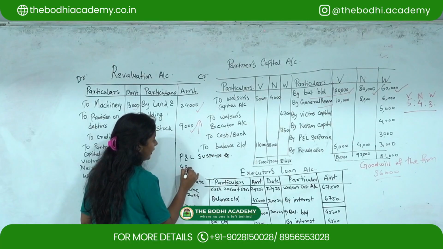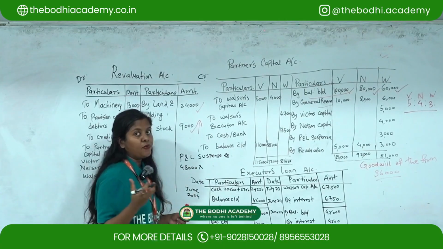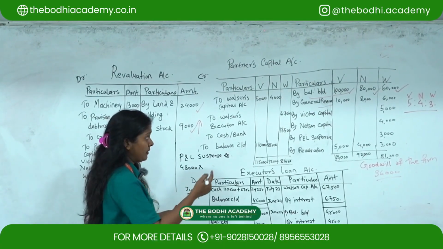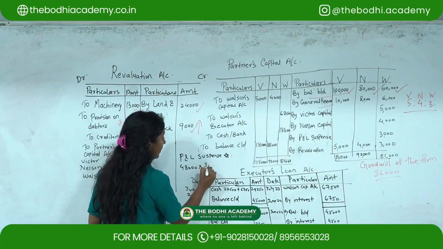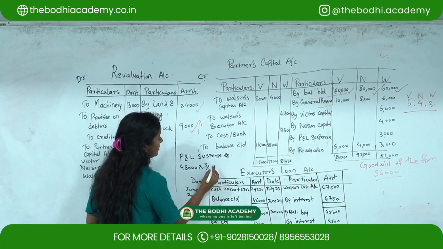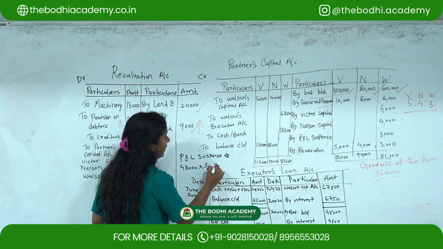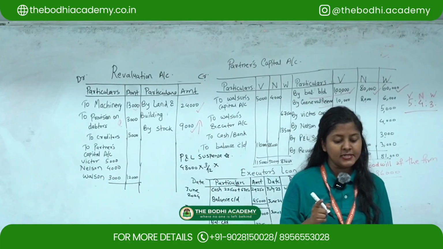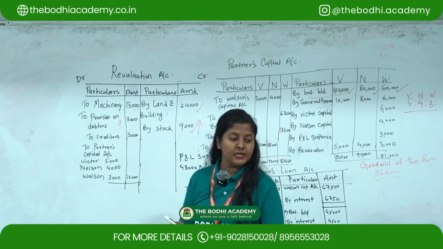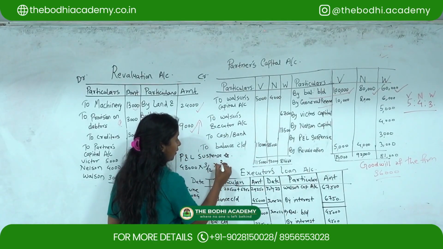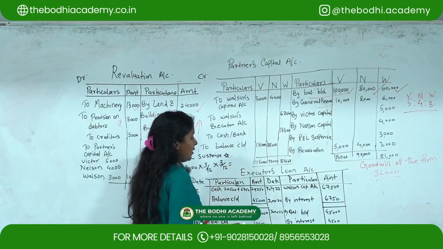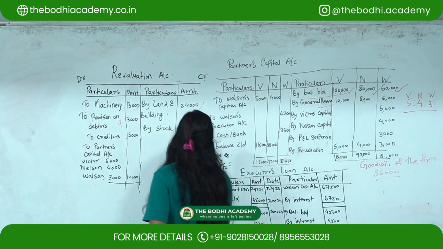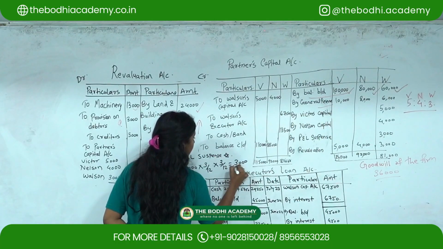We are going to take 48,000, multiplied by Welson's ratio, which is 3 upon 12, multiplied by the months. Since he died on 1st July 2023, I am taking 3 months. 3 divided by 12 will give you 3,000. So the answer is 3,000.